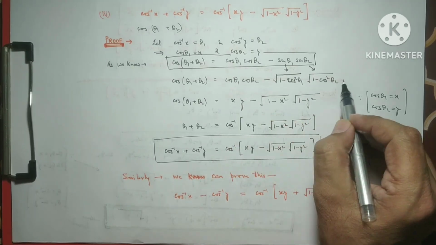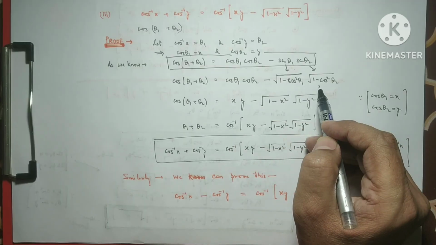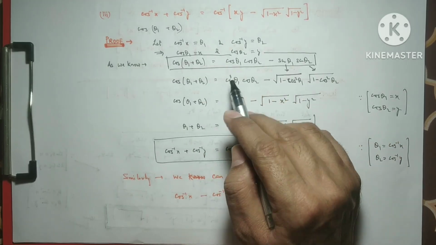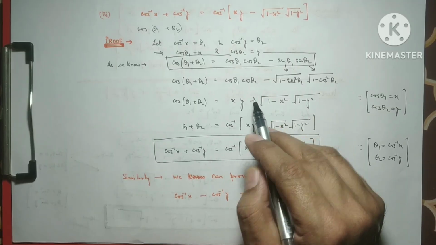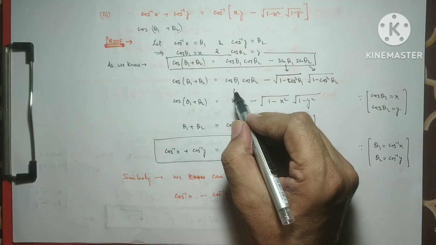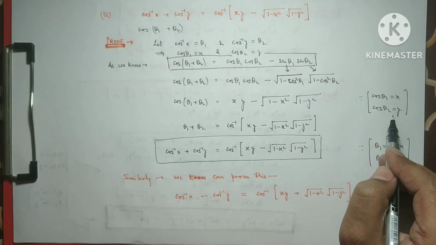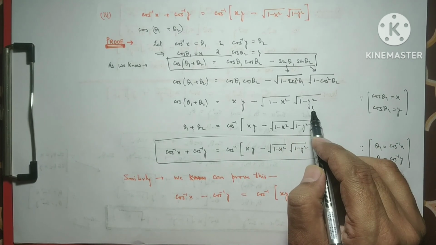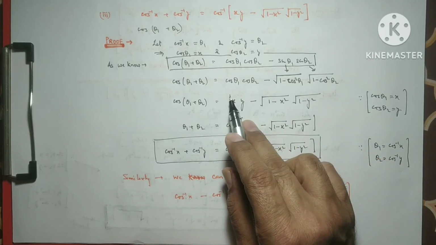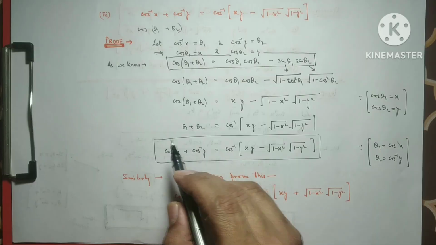Now the right hand side of this formula is in terms of cos, and we substitute these values. Cos theta 1 is x and cos theta 2 is y, and when we put these, we get under root 1 minus x square and under root 1 minus y square.